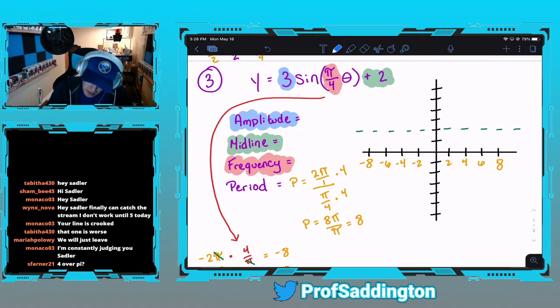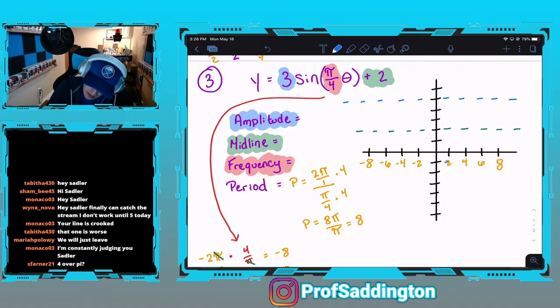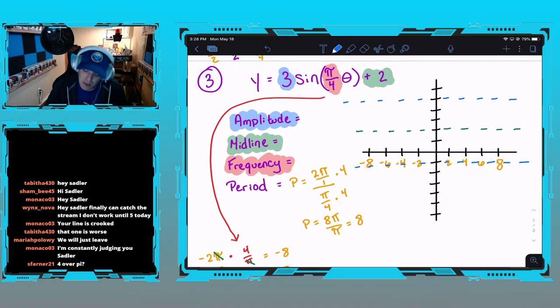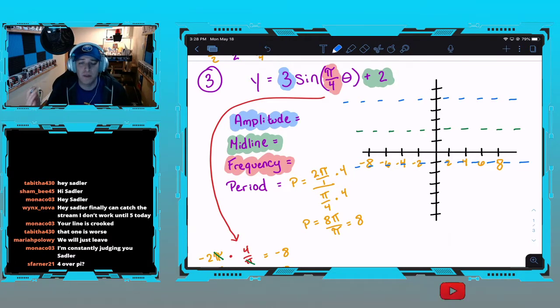So 1, 2, 3. It looks like we're up here at 5. And then we have to go down 3. 1, 2, 3. It looks like we're at -1. So we know that the graph has to be between -1 and 5. Okay, so that's our range from the smallest number all the way to the largest number, -1 to 5.